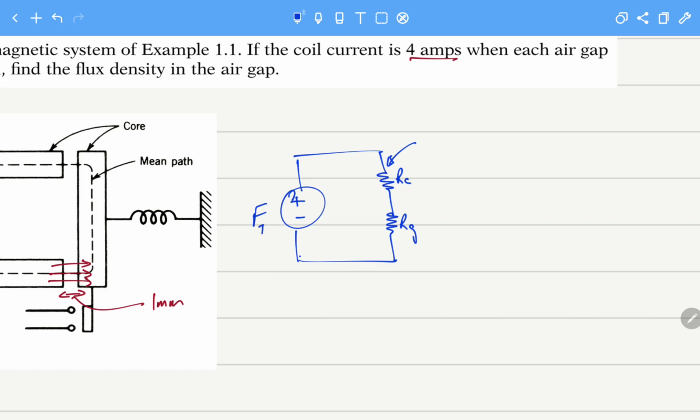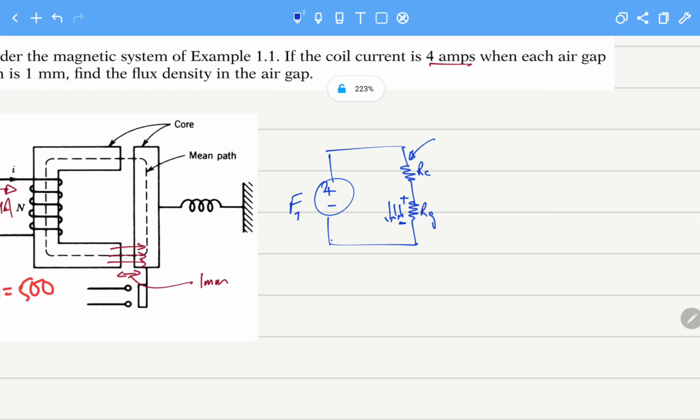So most of the magnetomotive force will be used here to move the flux through this area.